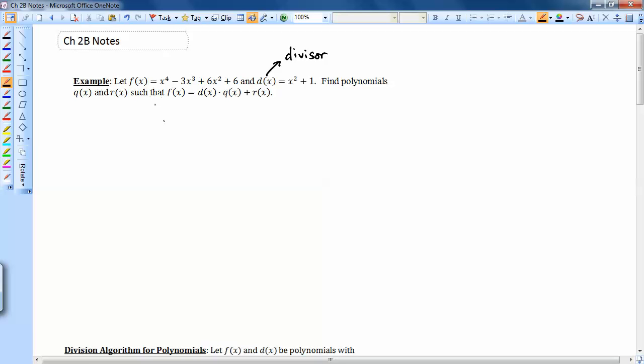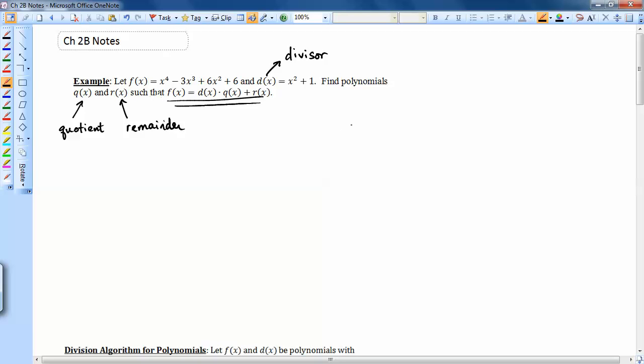Q is quotient. The divisor is the denominator in a fraction, in a division problem. The quotient is the answer you get, but sometimes you're left with a remainder too. So let me work this out, and then you'll see how we can write it in this form.